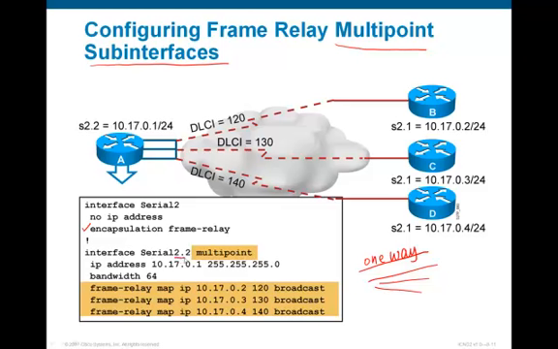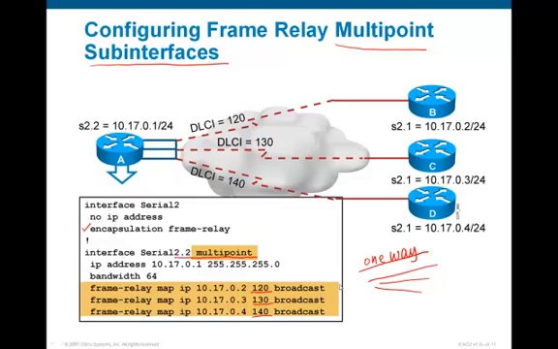Then we can create the appropriate sub-interface with the preferred sub-interface type. In this case, we create a multi-point scenario. Now, as the name suggests, multi-point means many circuits can report to the same sub-interface. So here we can see that circuits 120, 130 and 140 all are associated with the same sub-interface S0.2.